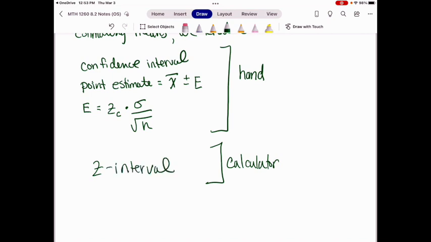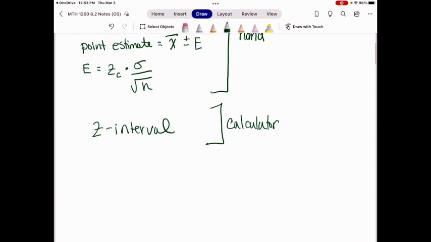Okay, and then the last thing we talked about is that sometimes researchers are going to know a specific confidence level that they want to be at within a specific margin of error. And so when that happens, we can figure out the sample size needed by using this formula. We take our z critical and square it, and we multiply it by our sigma squared, and then we divide by the error squared.